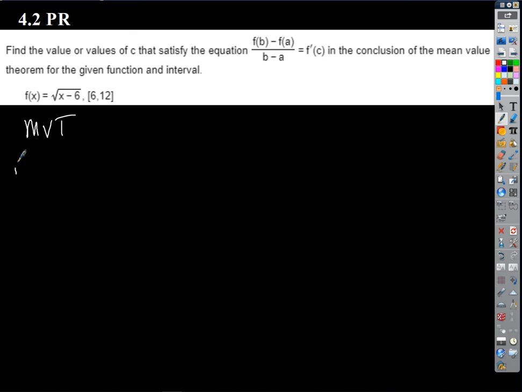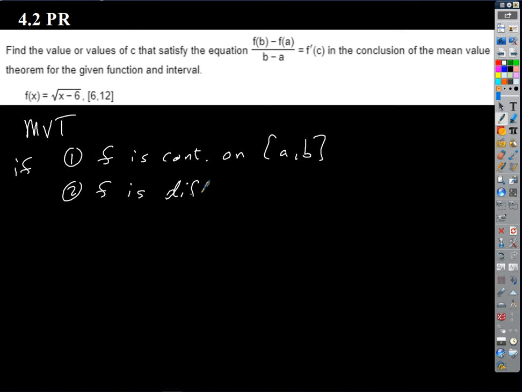So the mean value theorem, the if part, the conditions you have to meet are: f is continuous on the closed interval, and what was the other one? Good, differentiable on the open interval. So if you meet those conditions, then it's an existence theorem.